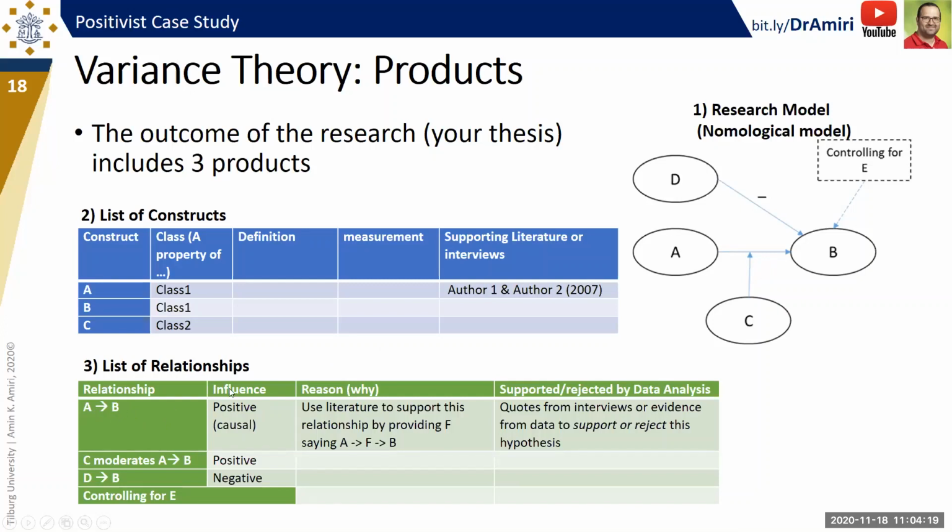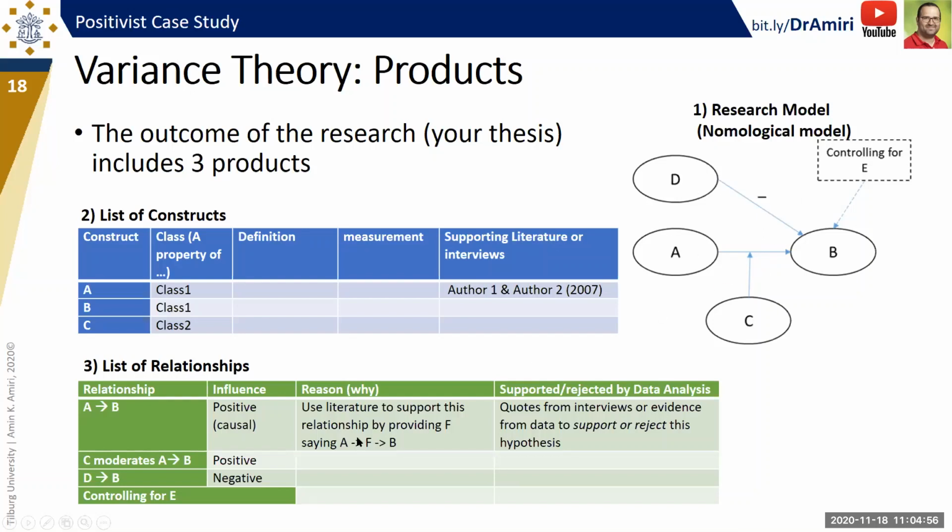You need to explain what kind of influence you have between A and B. A positively influences B here, and it's a causal relationship. And you need to provide reasons using literature or interviews to support that A increases B. You need to provide a construct in between the two, such as F, that you would say that improving A will improve F, and improving F will improve B. But you don't see F here.